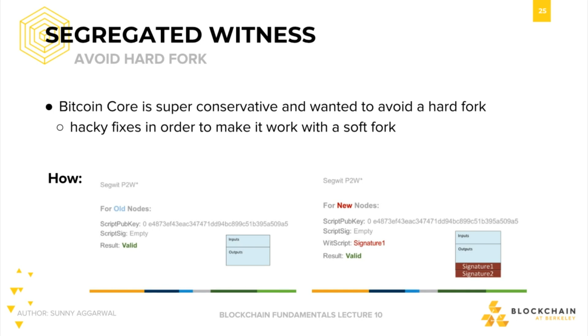They're probably going to think you're weird if anyone can spend your money, but it's not their money, so they don't care. They'll be like, whatever, checks out, verifies it, looks okay. The new nodes, which have updated their software and use SegWit, are the ones which know how to deal with these new transactions coming in. And they basically know how to check if a transaction is valid and how to put it together in the block, etc.